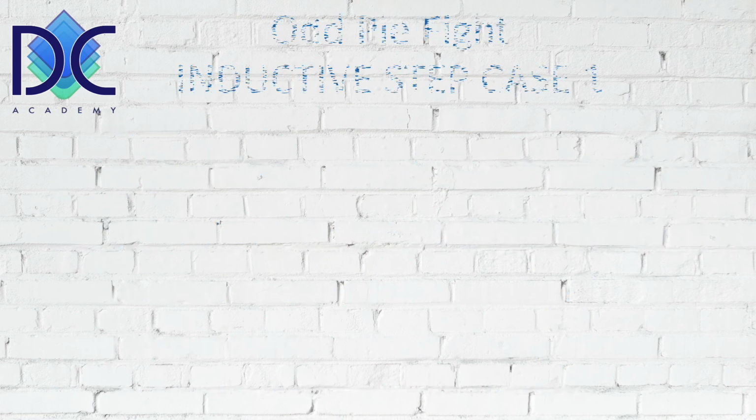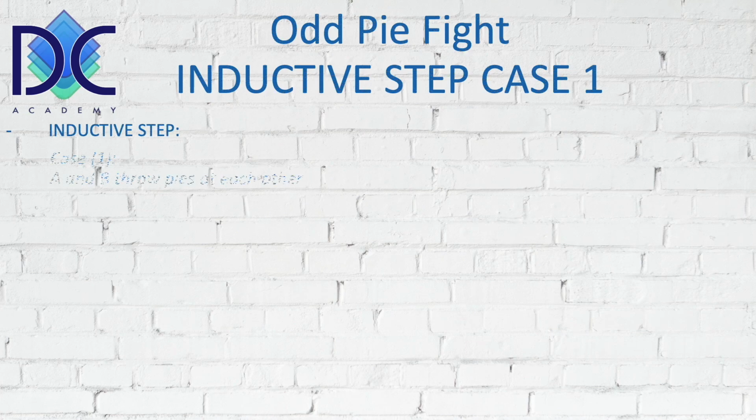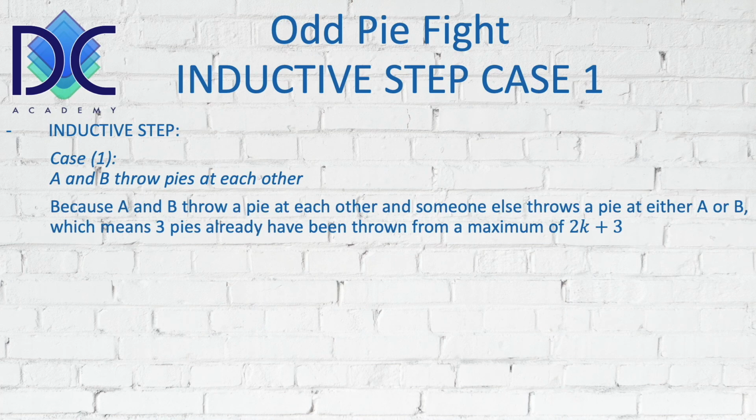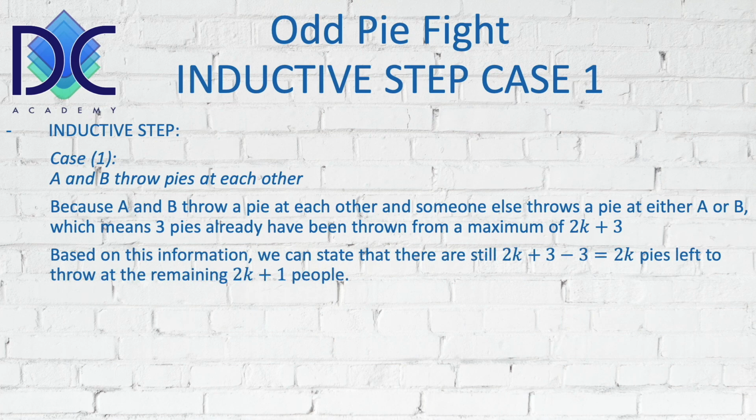Let's look at case 1. The inductive step case 1 says A and B throw pies at each other. Somebody else can throw a pie at them too. Because A and B throw a pie at each other and someone else throws a pie at either A or B, it means that 3 pies already have been thrown from a maximum of 2k plus 3. Now, based on this, we see that there are still 2k plus 3 minus 3, which means 2k pies left to throw at the remaining 2k plus 1 people.